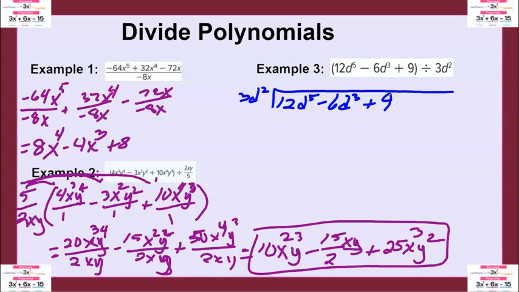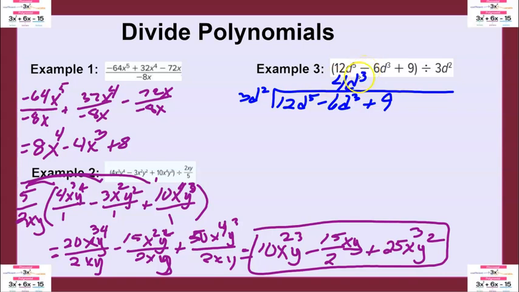I need to multiply this by something to get d to the fifth, so I would have d cubed, and that would be 4d cubed.